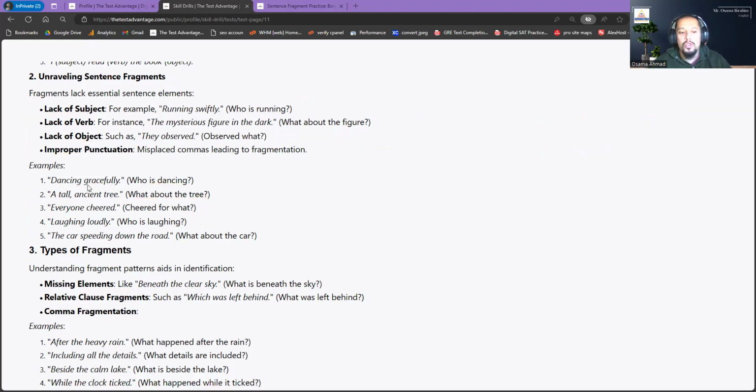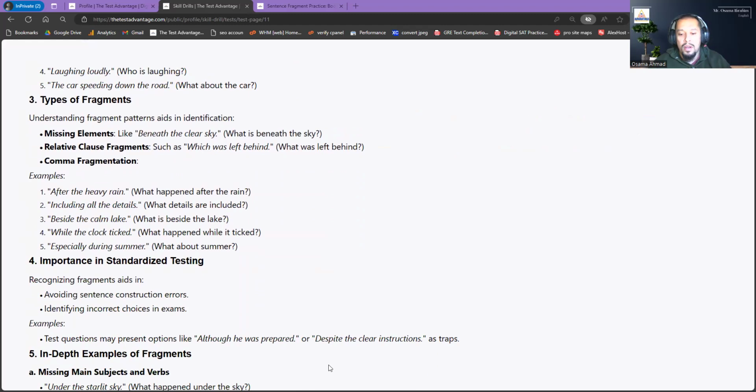Okay, so there's three types of fragments. Number one, there's the missing elements, right? زي ما احنا قلنا ناقصة subject، ناقصة verb، ناقصة complete idea. Or there's the relative clause fragment. Okay, so it's a tricky one, right? This is for more advanced punctuation skills. ده بيوصل طلبة مثلا من 85% to 90%.